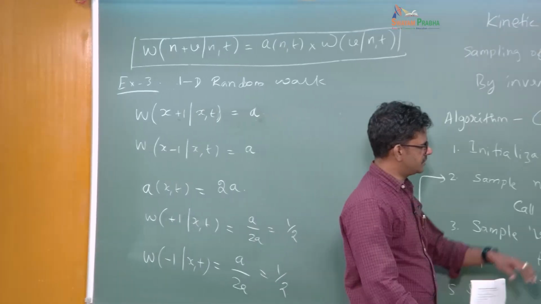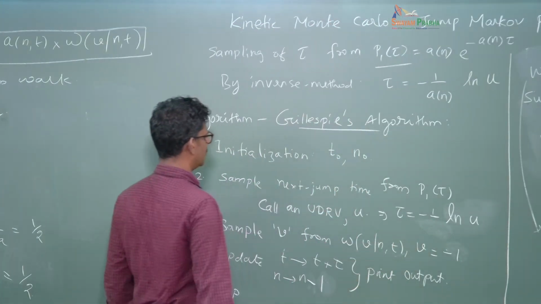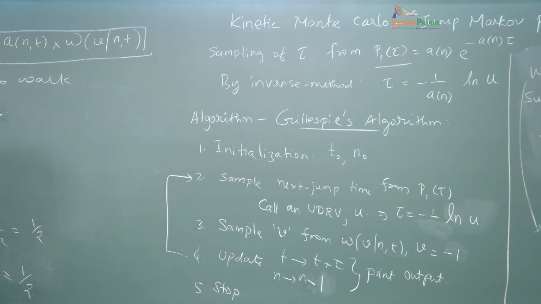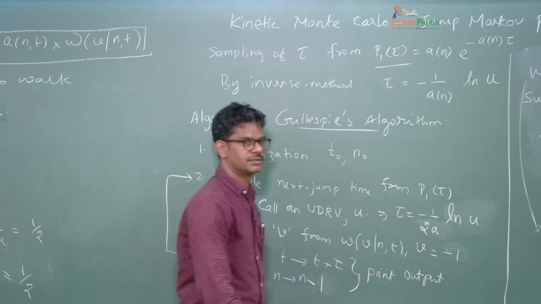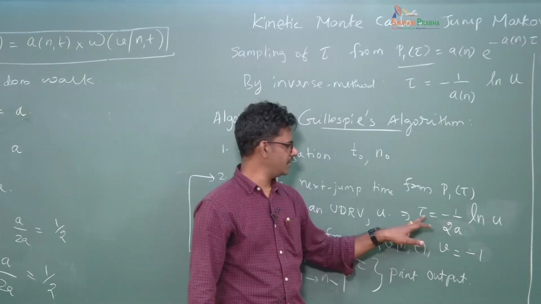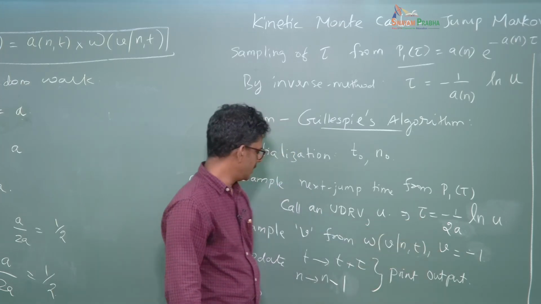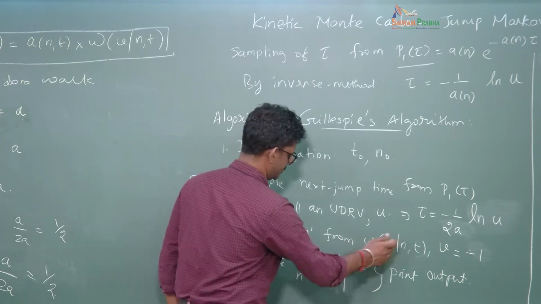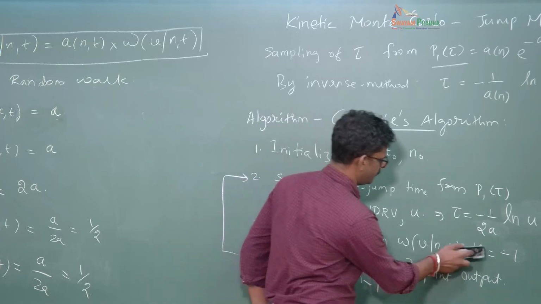So, if I come to this particular condition, here I would have 2a, because this is a total rate, a plus a, 2a, and then you will sample the next jump time from here.